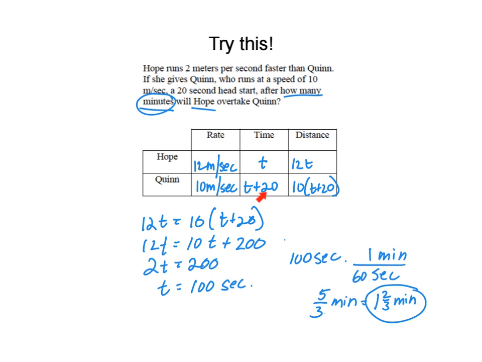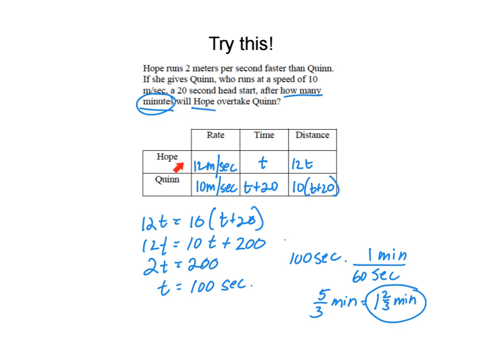So this is t plus 20. Notice that my rates are in meters per second. So Quinn runs at 10 meters per second. So my time is going to be in seconds, which makes it appropriate to add the 20 seconds to the t. And Hope runs 2 meters per second faster. So she runs at 12 meters per second.